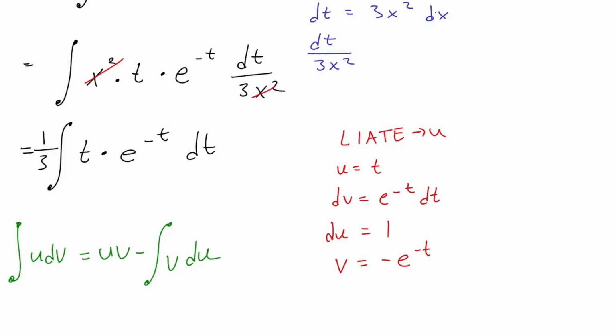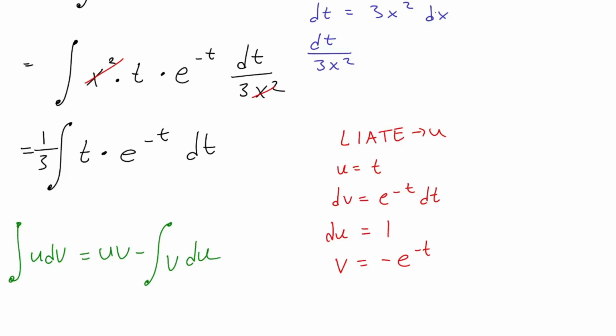So we figured out that our u is equal to t. How do we do that? We use LIATE, which is basically the order that we should look at when we're trying to find our u in this case. So L is for log, I is for inverse, A is for algebraic, T is for trig, and E is for exponential. And if we look at this, e to the power of negative t is exponential. So algebraic comes before that, so we have to set our u to t.